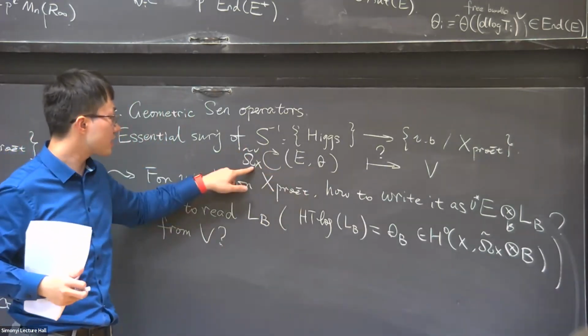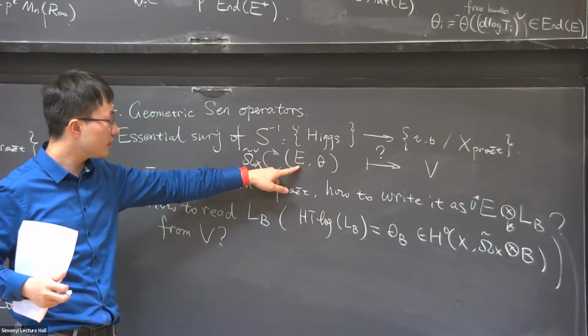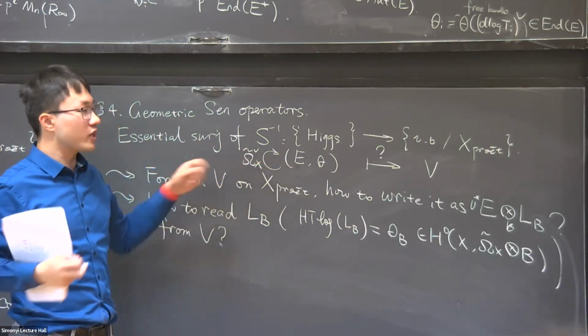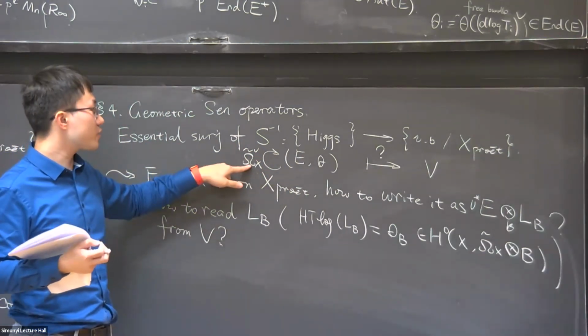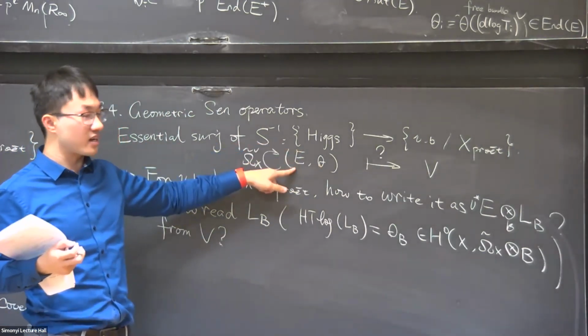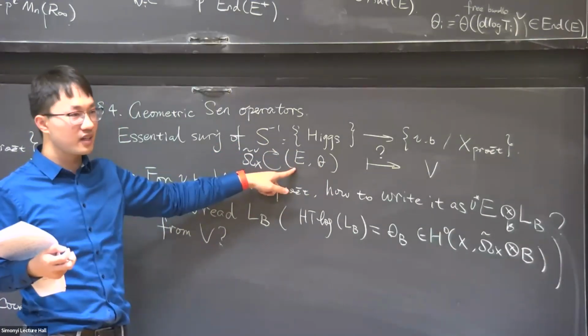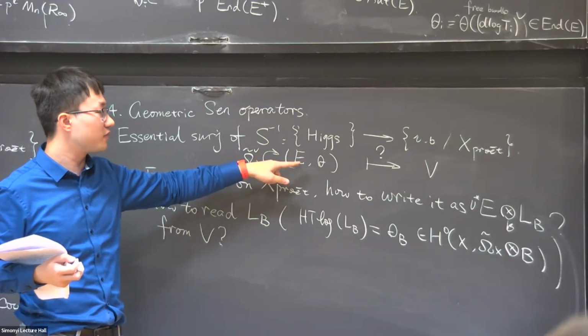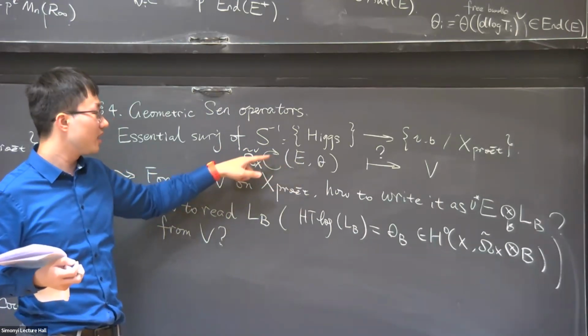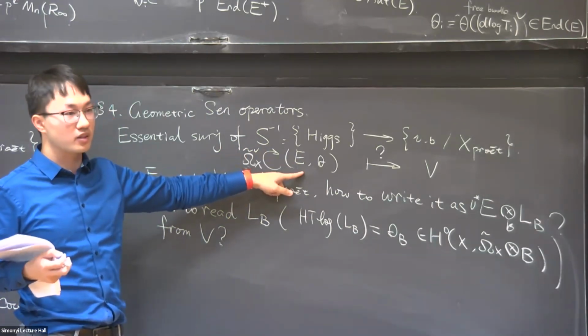Theta is just such a Lie algebra action on E. And this Lie algebra is commutative, so this is a trivial Lie algebra. So the Lie algebra action commutes with the Lie algebra action itself. Namely, this Lie algebra action is not only an endomorphism of vector bundles, but an endomorphism of Higgs bundles.